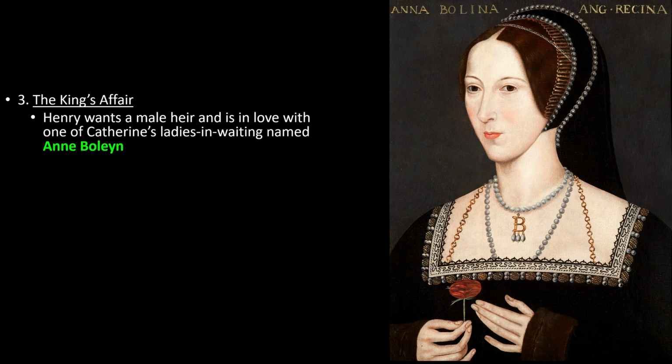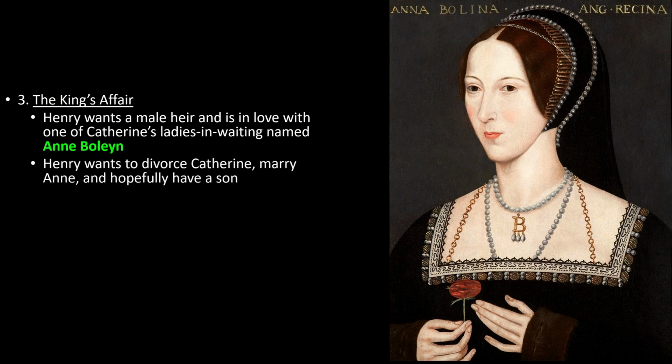As queen. So anyway, Anne Boleyn is a younger woman, and Henry VIII is infatuated with her, and he starts to think, what if me and Anne Boleyn get married, and maybe we can have a son, and then I'll have a male heir on the throne. All right, that sounds like a decent idea.